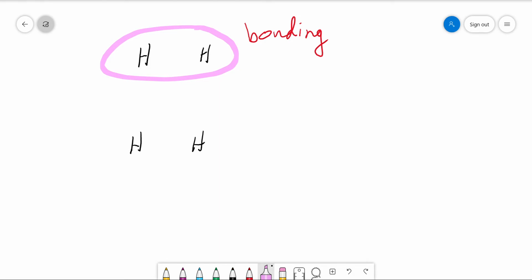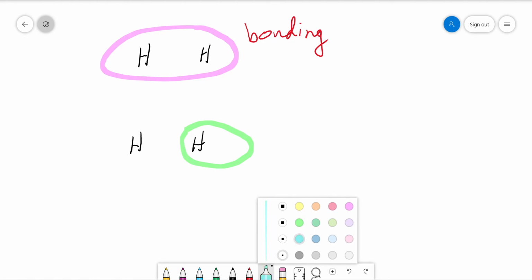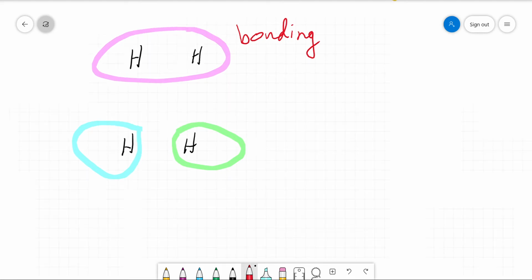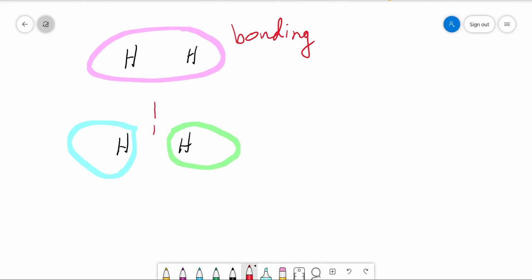And really, if you remember back to when we talked about orbitals in quantum mechanics, it's kind of similar. So they're different colors indicating different phases. And what we have in between them is a node.